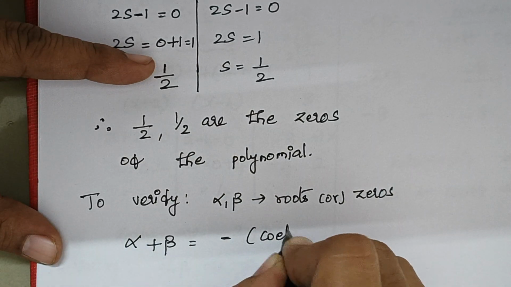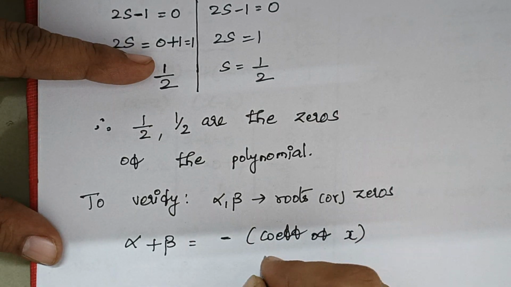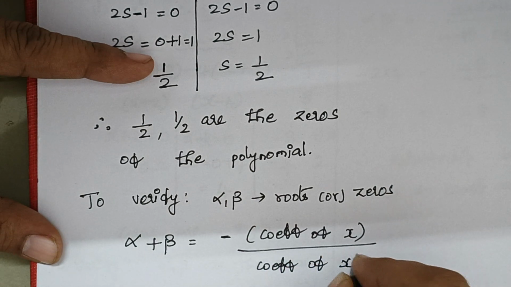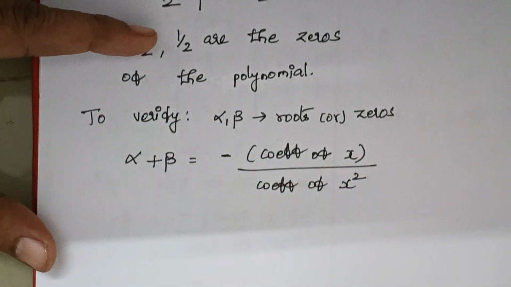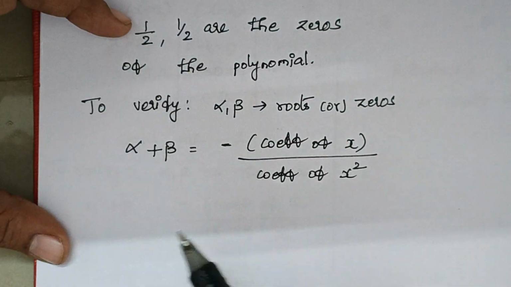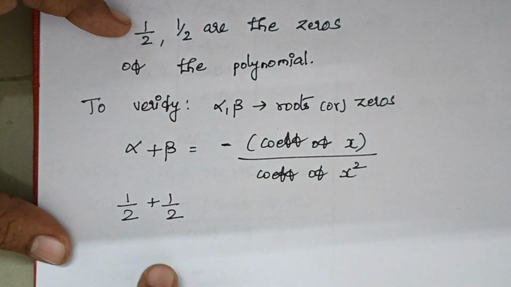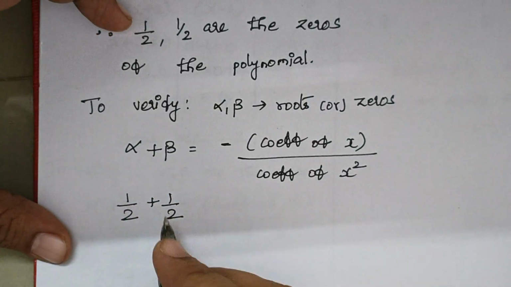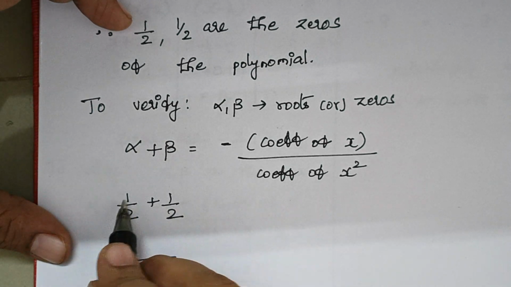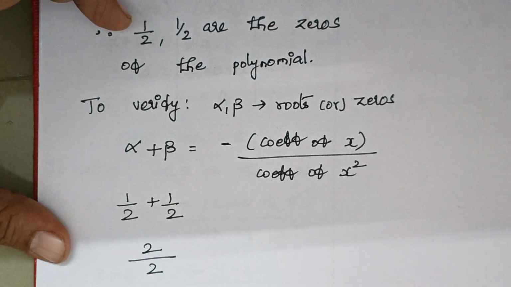Minus coefficient of x divided by coefficient of x square, right? Here alpha and beta are 1 by 2 and 1 by 2. So substitute the values: 1 by 2 plus 1 by 2. When you add, 2 is common because 2 is present in both cases. So 1 plus 1 becomes 2, and 2 by 2 is nothing but 1.